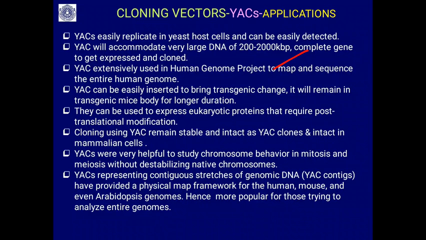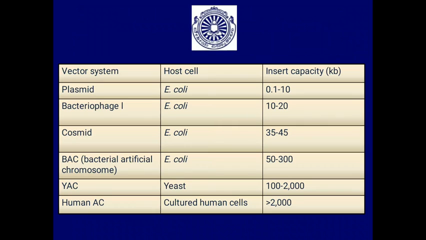This chromosome behavior is very helpful to study the behavior of the chromosome during mitosis without destabilizing native chromosomes. You can see the yeast artificial chromosomes representing continuous stretches of genomic DNA have provided a physical map framework for the human genome. So this is what I said, the human genome project, mouse genome project, and all this.